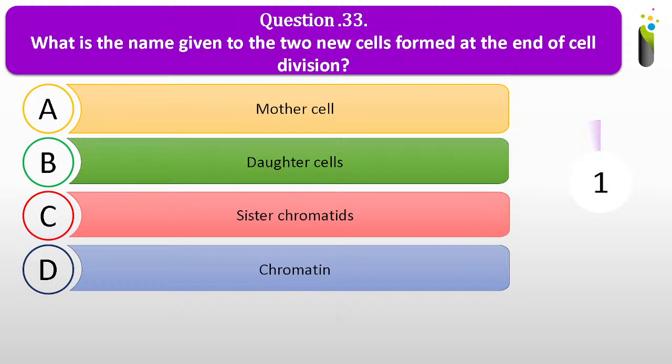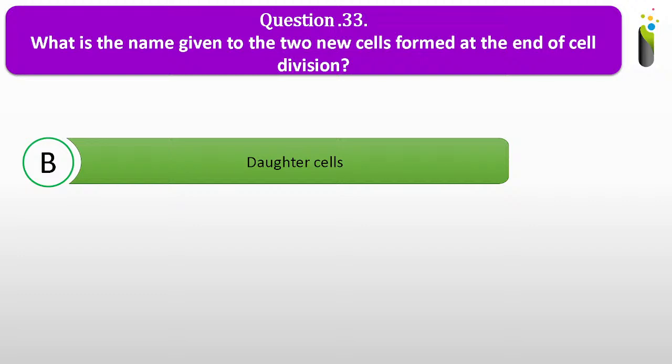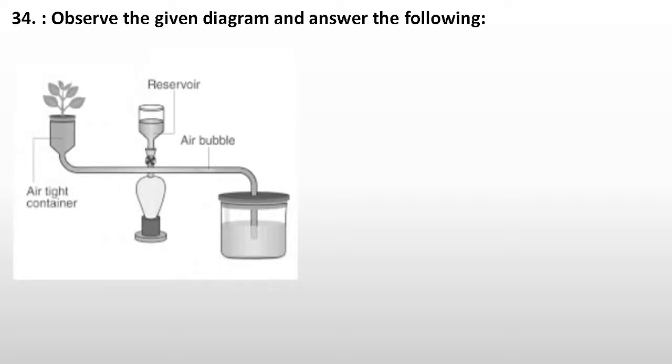So, what should be the answer for this question? Question number 33, the answer would be B, that is daughter cells. Okay, so the name given to the two new cells formed at the end of cell division is daughter cells. Quite an easy question.